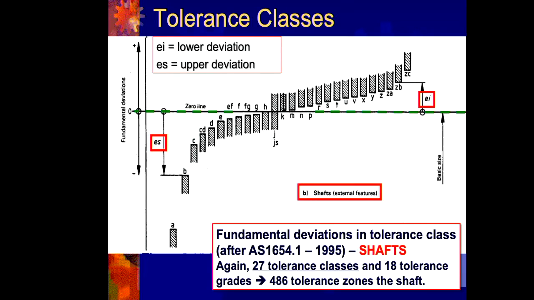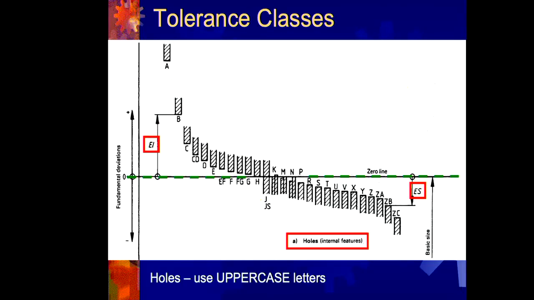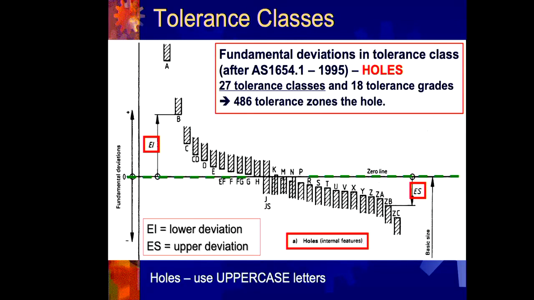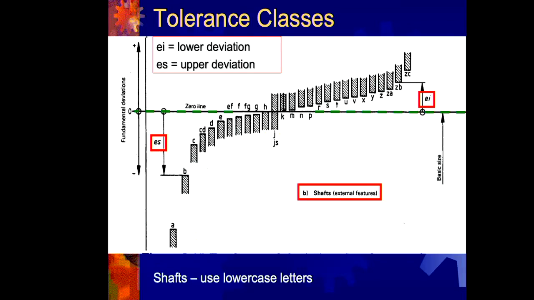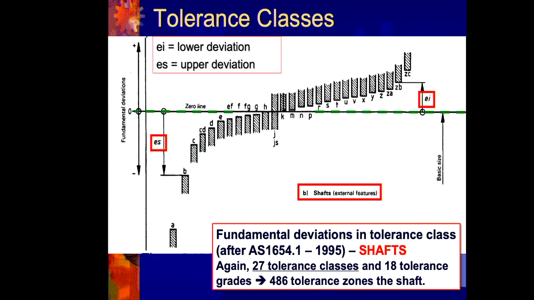There can be more material added until we've got to that IT classification that we've chosen. And the red outline boxes are just giving an idea about just how many different tolerance zones we've got. There's a plethora of opportunity. Some might argue too many. Sorry, back a slide. Too many. 486 tolerance zones for the shaft. So that's a lot.